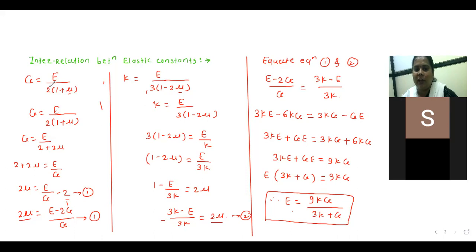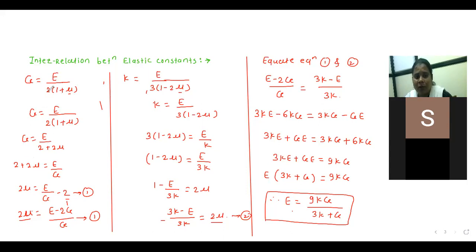So already you know the equation G equals E divided by 2(1 + mu), and the second equation, K equals E divided by 3(1 - 2 mu). In these two equations the mu term is common, so you have to rearrange the equations in terms of mu.